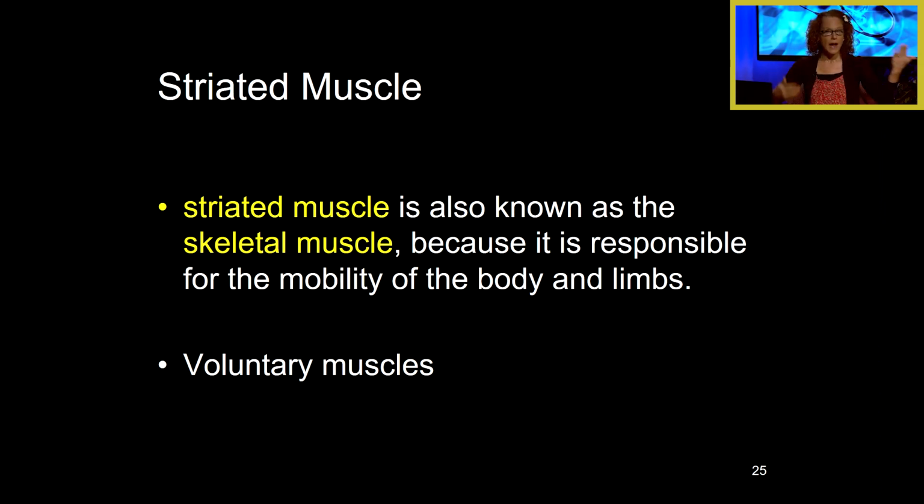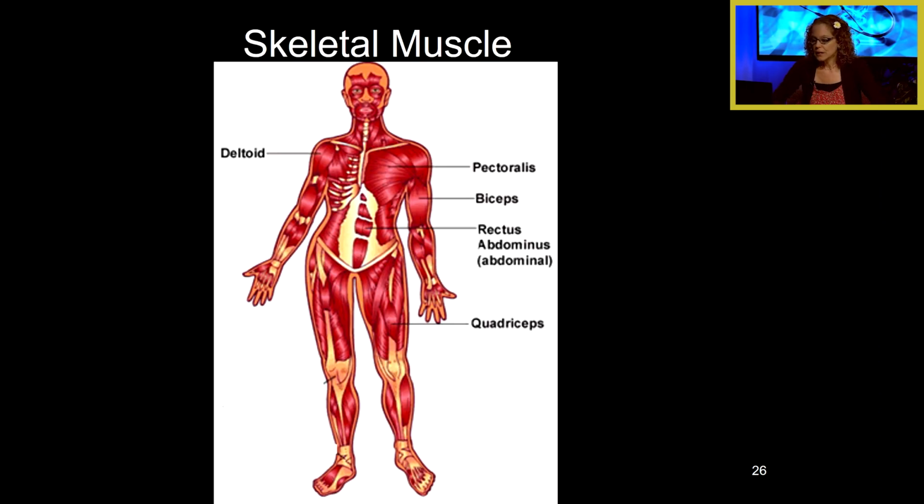That means that right now I am voluntarily moving my arm through the muscles in my arm. That's voluntary. I think about it and then I do it, okay? And so here are some examples of the skeletal muscles in our body. We can see that we have many skeletal muscles that help us with locomotion or movement.